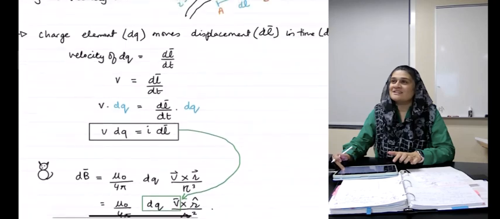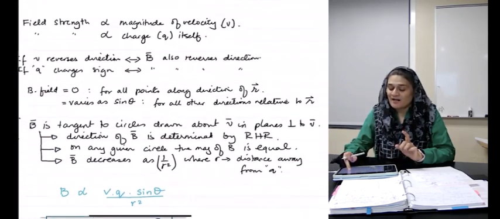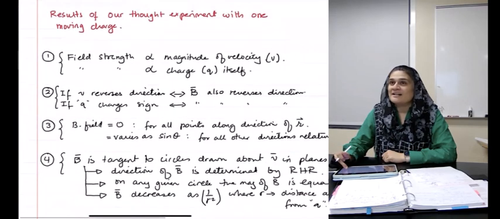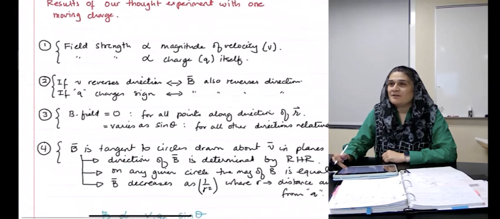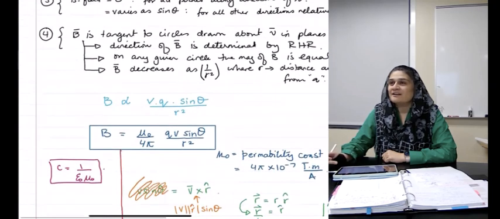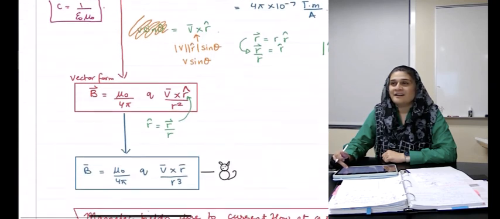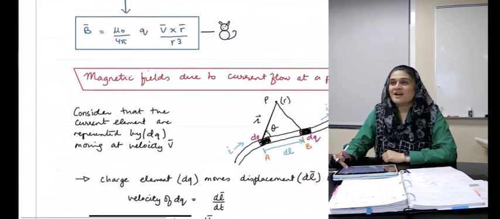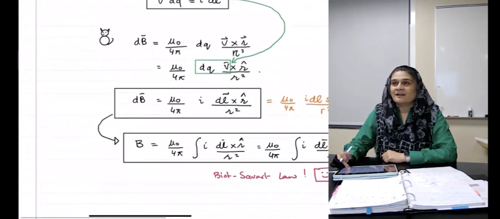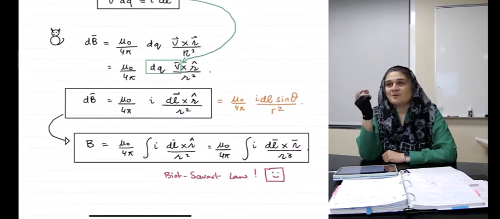Like you can just see the progression and all, like go back and appreciate what you've done. All we did was we went through a thought experiment and we wrote a bunch of stuff and then we just wrote it together. That's it. And then it became this scary looking equation. But all it is a thought experiment with one moving charge.